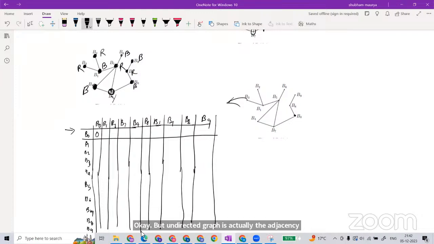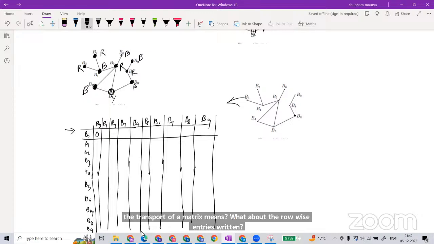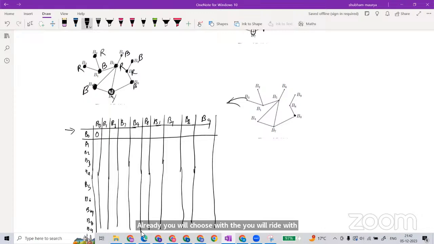Why symmetric? Symmetric means that if you take the transpose of the matrix, which means whatever row-wise entries are written are written column-wise, you get the same matrix. We can easily see it here.